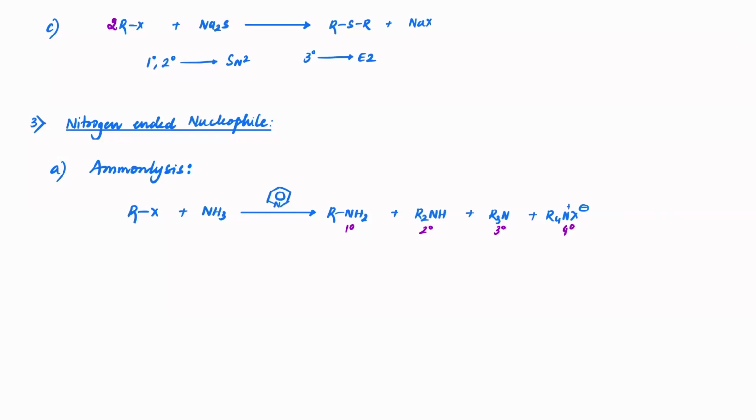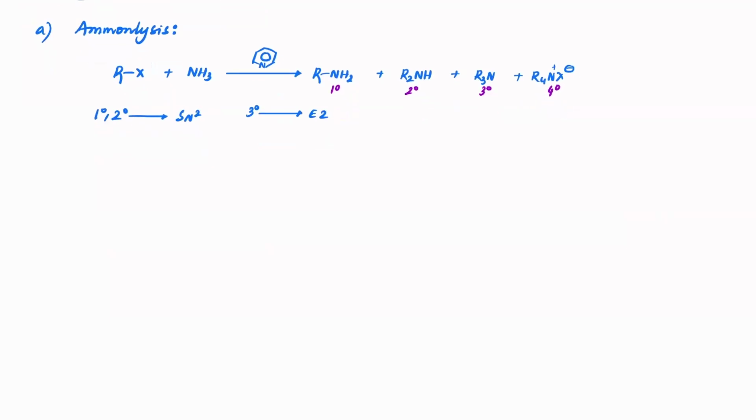Generally, 1 degree, 2 degree will always give you SN2, 3 degree will end up giving E2. So if these products have to form, the alkyl should initially be at the 1 degree position.